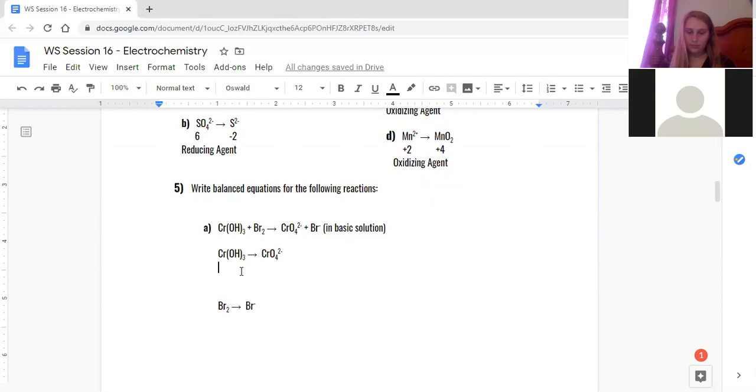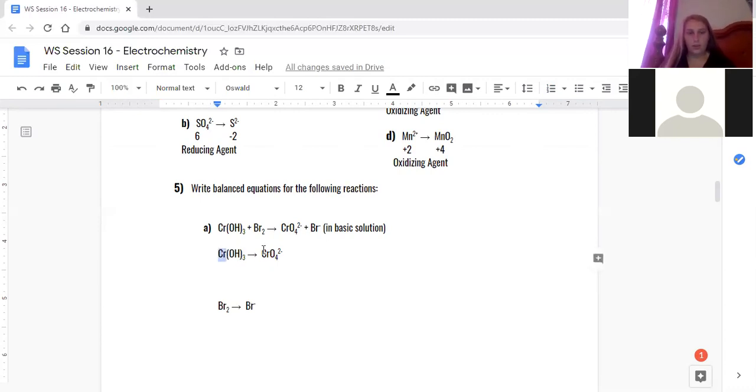Yeah, okay. So we're going to add the hydrogen to both sides to get rid of this OH here. That's what we're trying to do. First off, what do we need? We need equal amounts of everything on both sides.